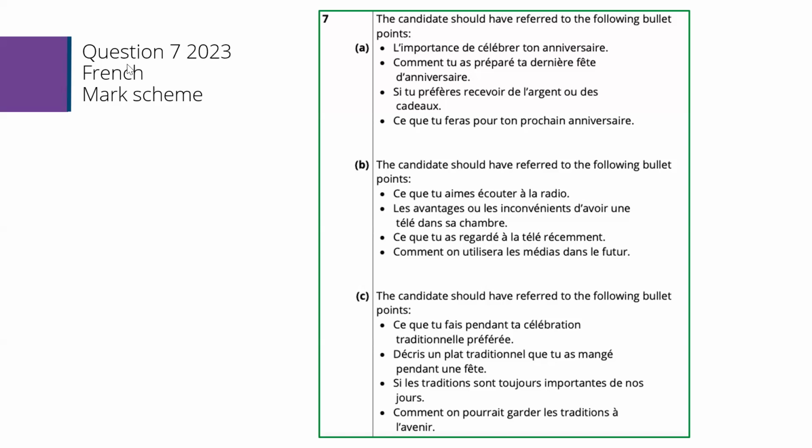Let's have a look at a few things that have appeared in the chat now. Is uneven coverage acceptable? Yes, it is acceptable. Everything is marked according to the mark scheme and the grid.